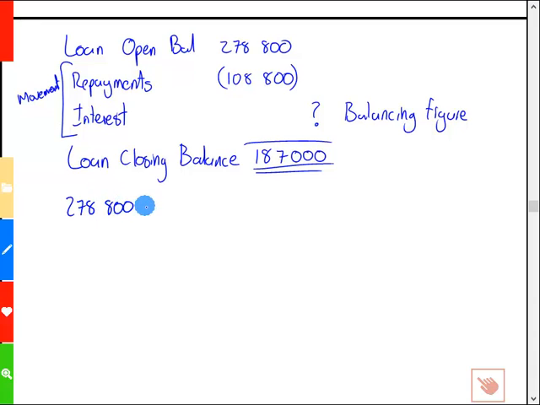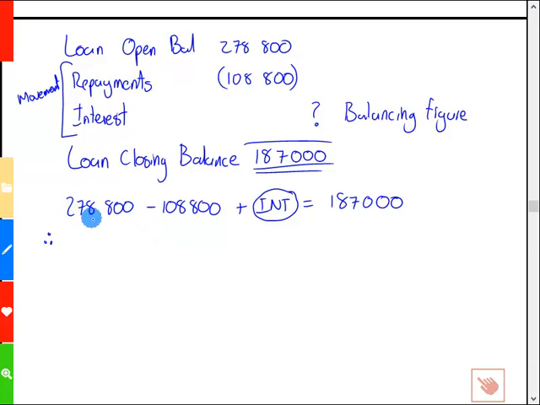278,800 minus 108,800 plus the interest is giving you 187,000. Happy with that? So now we're looking to calculate the interest. So you just need to get interest on its own. Move everything to the other side. Whatever we do on the left hand side, we need to do on the right hand side.